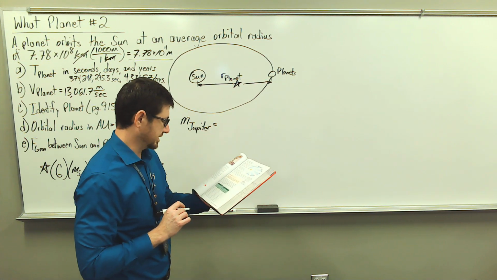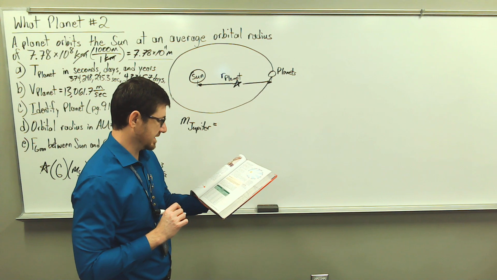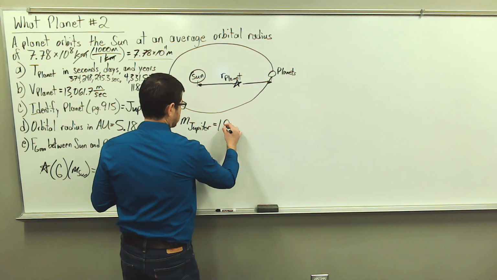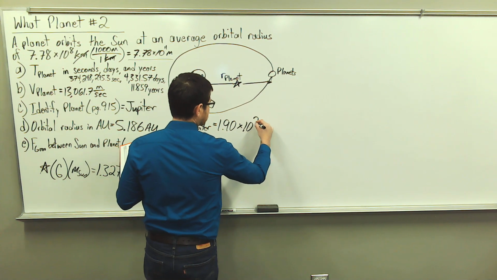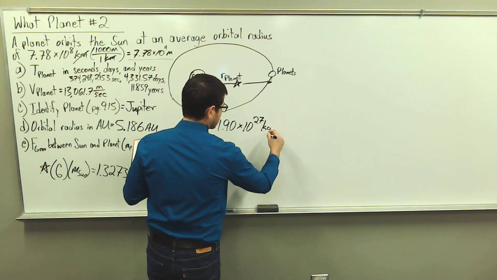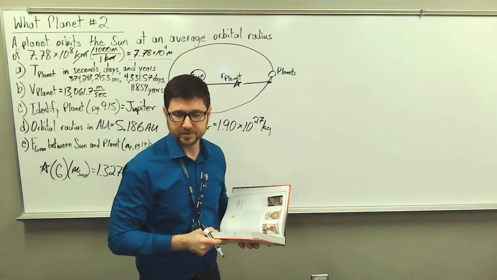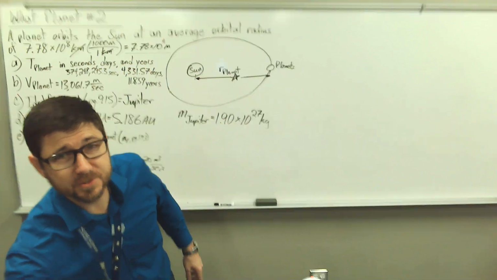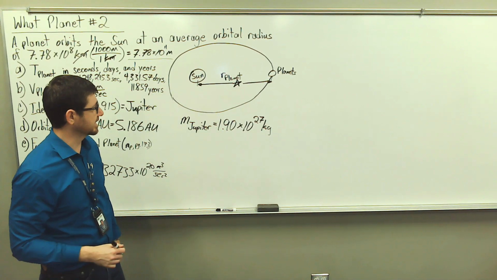It tells us that Jupiter's mass is 1.90 times 10 to the 27th kilograms. And we're going to need this value to calculate the force of gravitational attraction between the Sun and Jupiter.